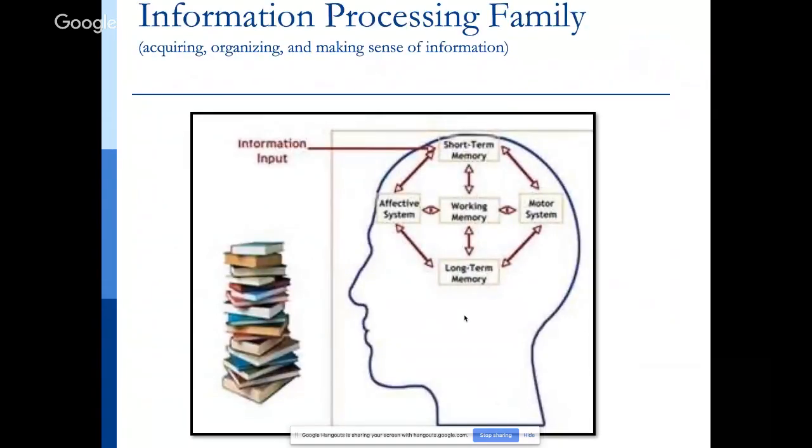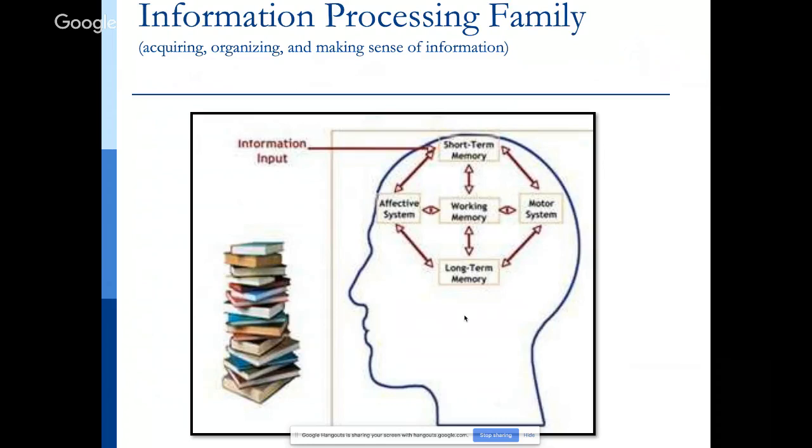The next one is going to be about the information processing family. This again is not mutually exclusive from the behavioral family. Definitely there are certain kinds of stimuli out there for learners to process, but it's really about how, as learners, we process given information, how we can acquire that, organize, and make sense of it.